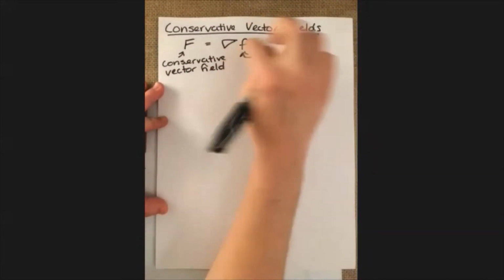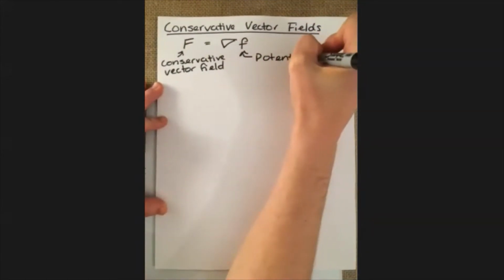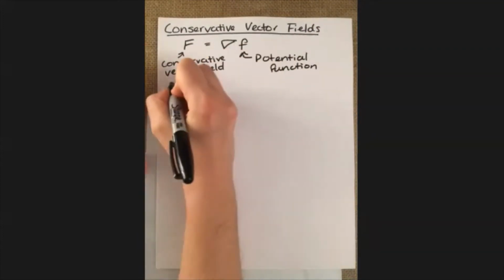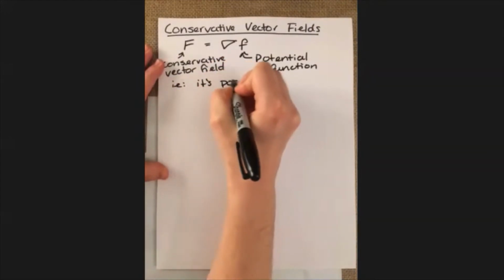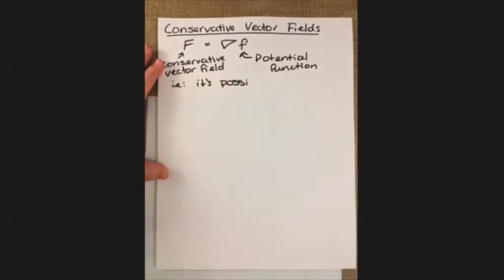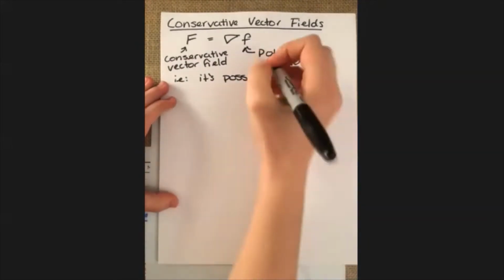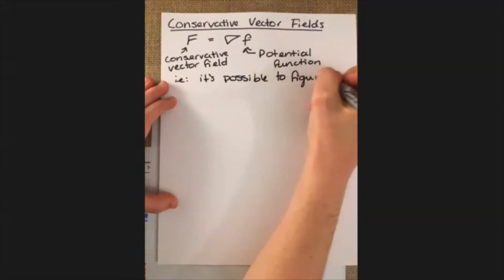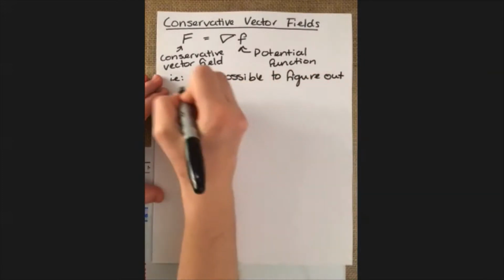And this function that it had to have come from is called the potential function for the vector field. So the main idea here is that it's possible to figure out a function it came from.